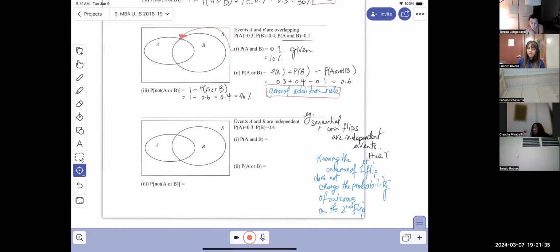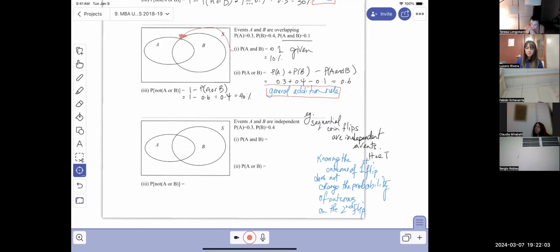It means if you know someone had a manicure, just like the coin flip, it doesn't affect the chance that they got their hair colored. So A is 30%, B is 40%. And essentially it means if I'm here, the chance that I'm here is exactly the same as, well, I got to show you, I think.